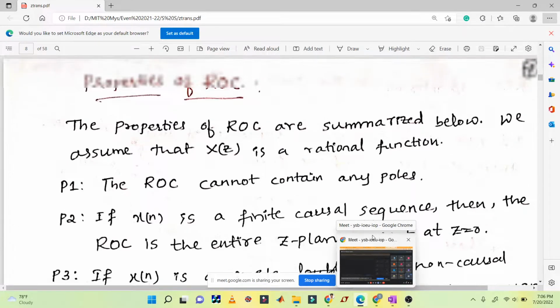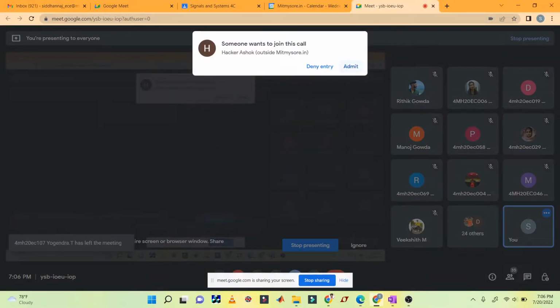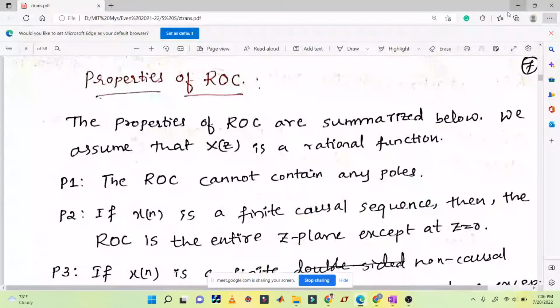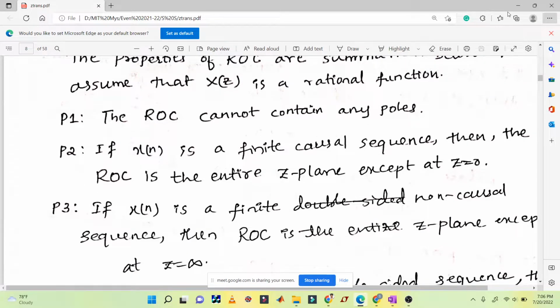Okay, thank you. Now we have seen that these are the properties of ROC. First one, ROC cannot contain any poles. Poles are the values of Z for which the Z transform will be infinite. So ROC will not contain any poles.